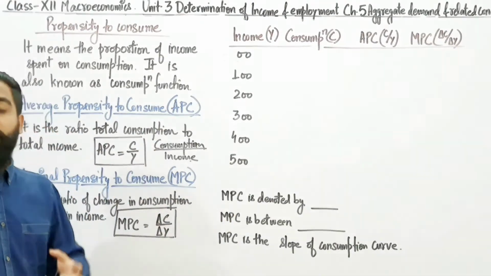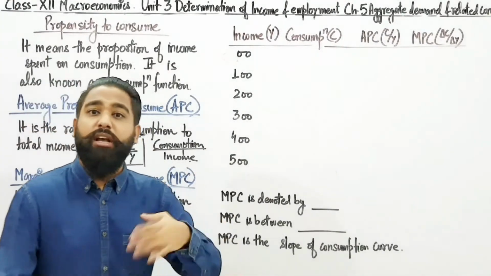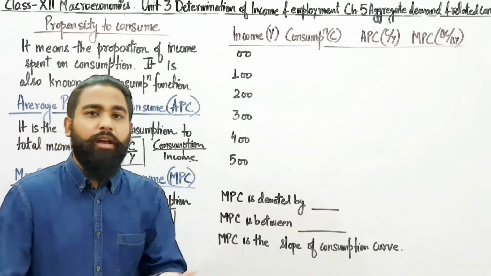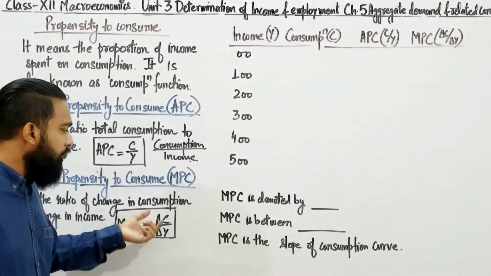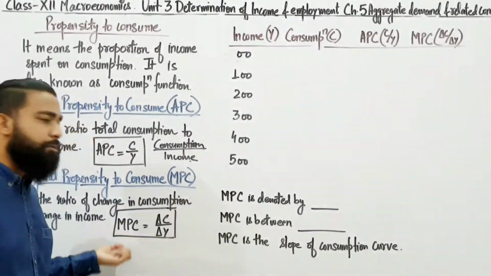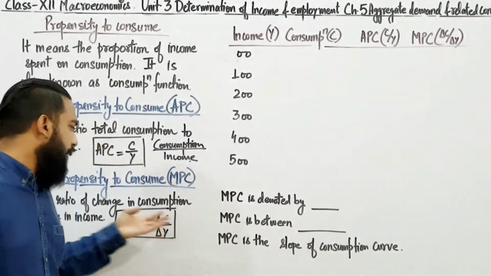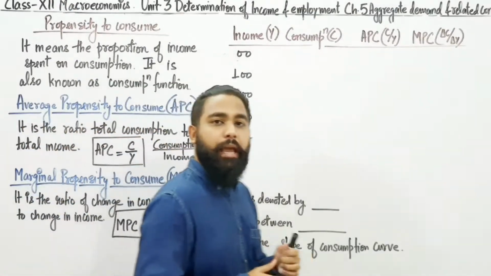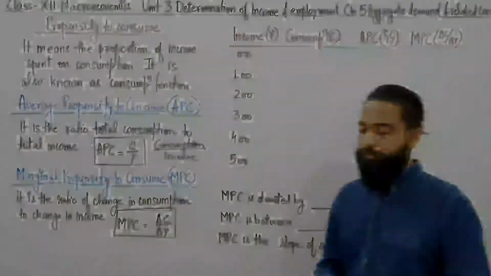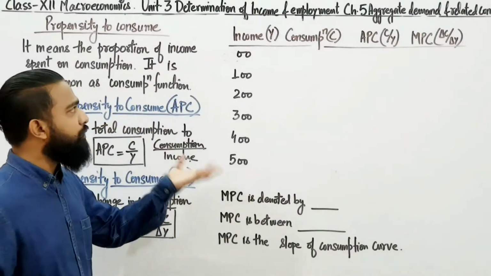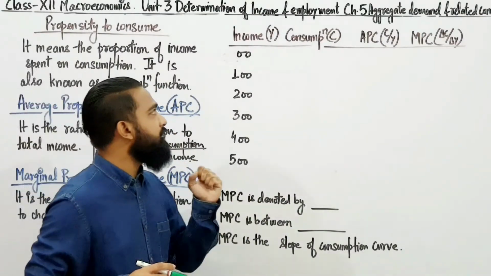If your income increases, then consumption also increases, right? So whatever will be the change in consumption upon whatever will be the change in income, that's how you take out the MPC, which is marginal propensity to consume.